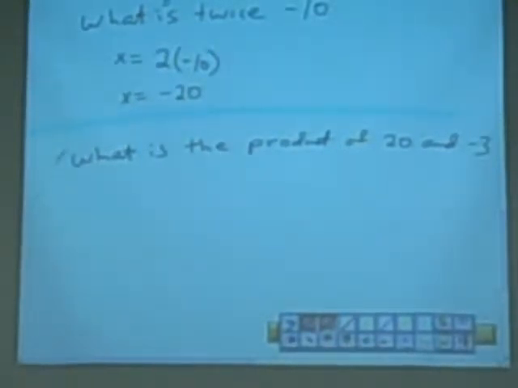When we say product, we mean what? Multiplication, right? So what you're saying here is the operation between those next two numbers. So you got 20, and we're saying the product of 20 and negative 3, so we're going to multiply 20 times negative 3.